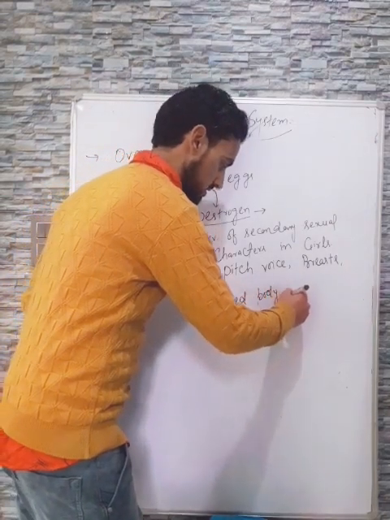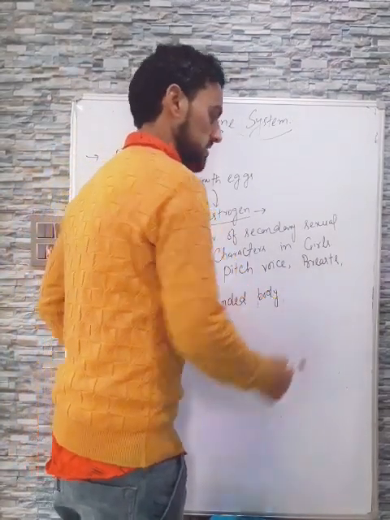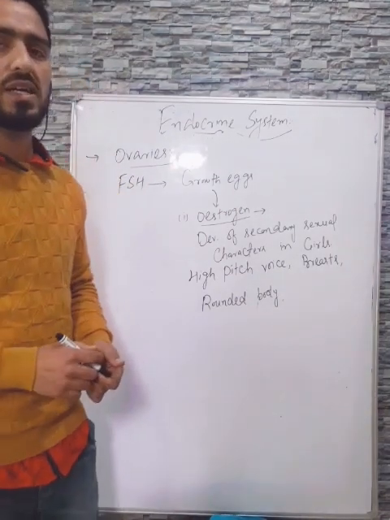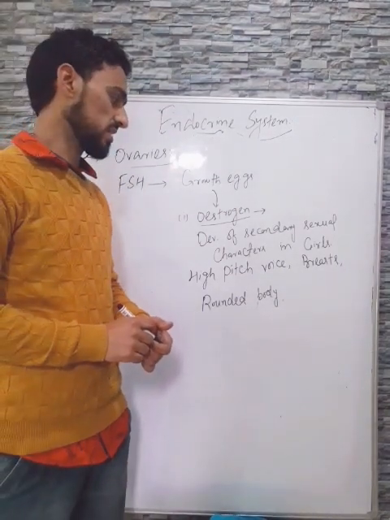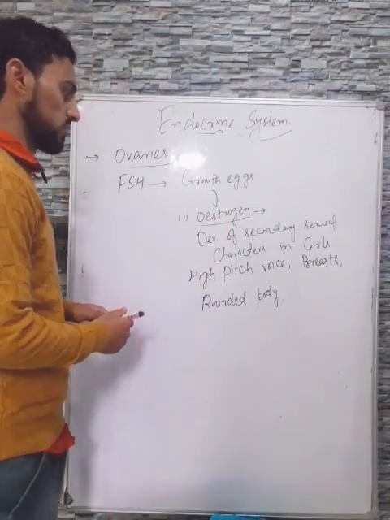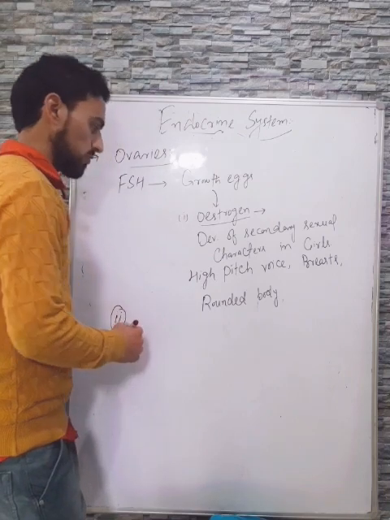Also there is the deposition of more fat on certain places like the face and the buttocks. These are the various characters which are developed because of the hormone known as estrogen. And the next hormone is known as progesterone.